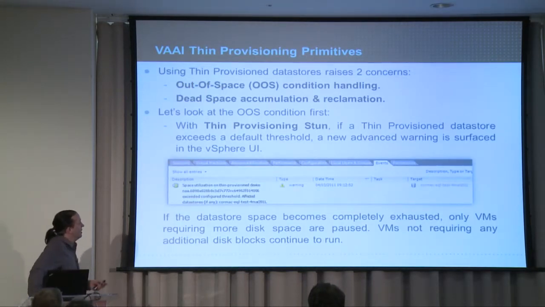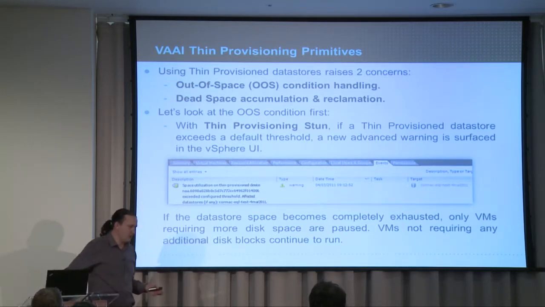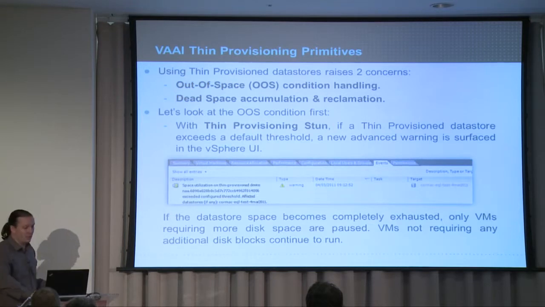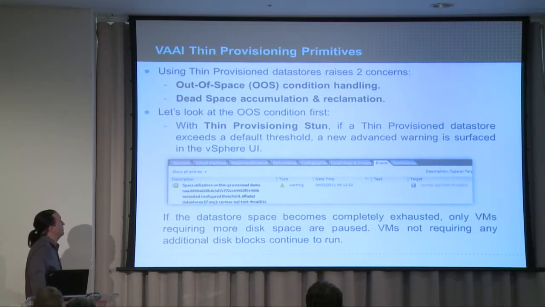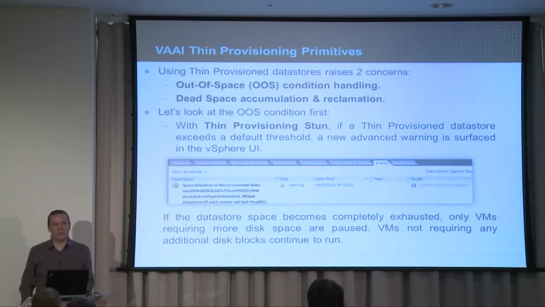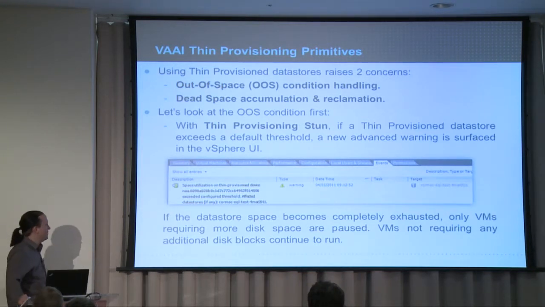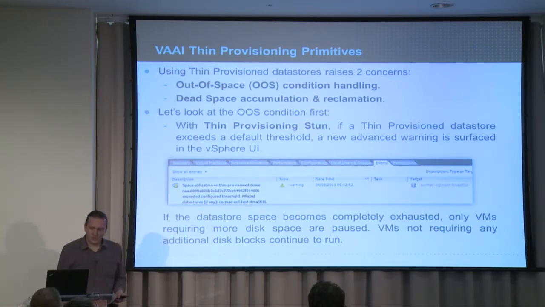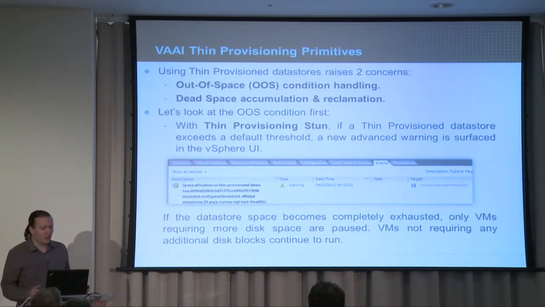So if we're thin provisioned, then we've got 2 helpful things that VAAI can do to help, one of which is out of space condition handling. So if you have overcommitted your storage by using thin provisioning, and everybody does that, let's face it, you can now get a nice warning saying that you've run out of space.